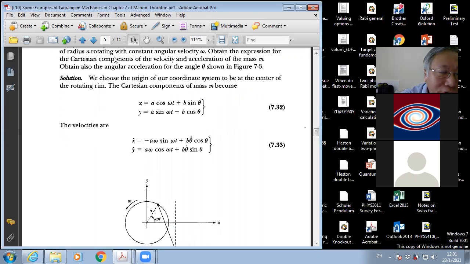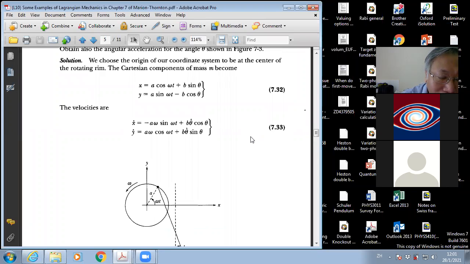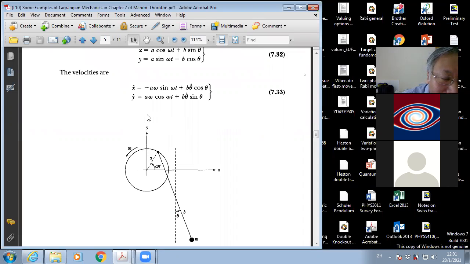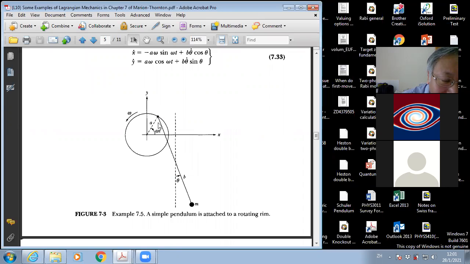Find the expression for the Cartesian components of velocity and acceleration of mass m. Obtain also the angular acceleration shown in figure 7.13. So this point of support of this simple pendulum will move around this center at a constant angular velocity omega. Okay.